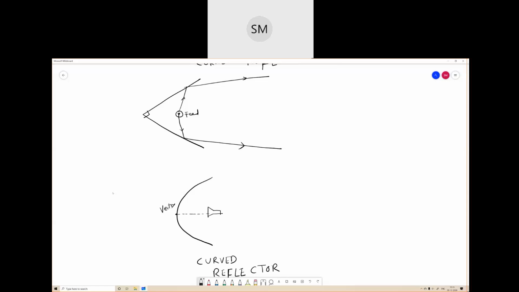Now, there is a principle from coordinate geometry that you might have studied in school, that if there is a point source at the focus, then upon reflection, the reflected line would be parallel to the axis of the parabola.